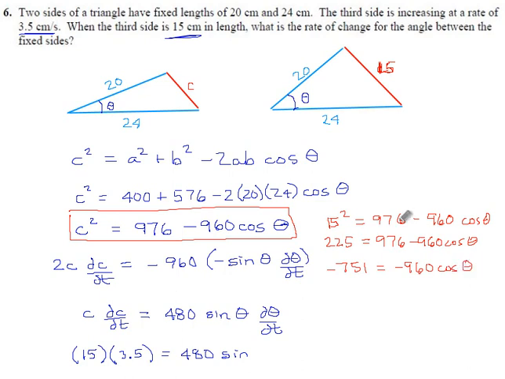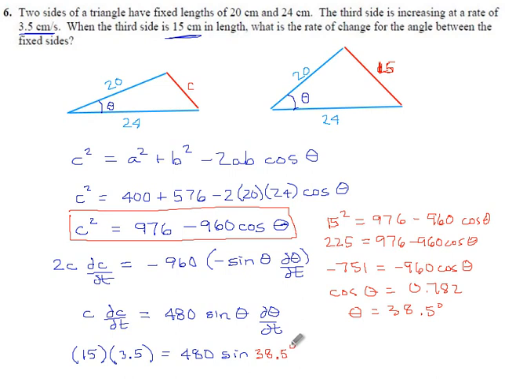Divide both sides by negative 960, and we get cosine theta equals 0.782. Inverse cosine or arc cosine, and we get that the angle is 38.5 degrees. So good. There's our angle.